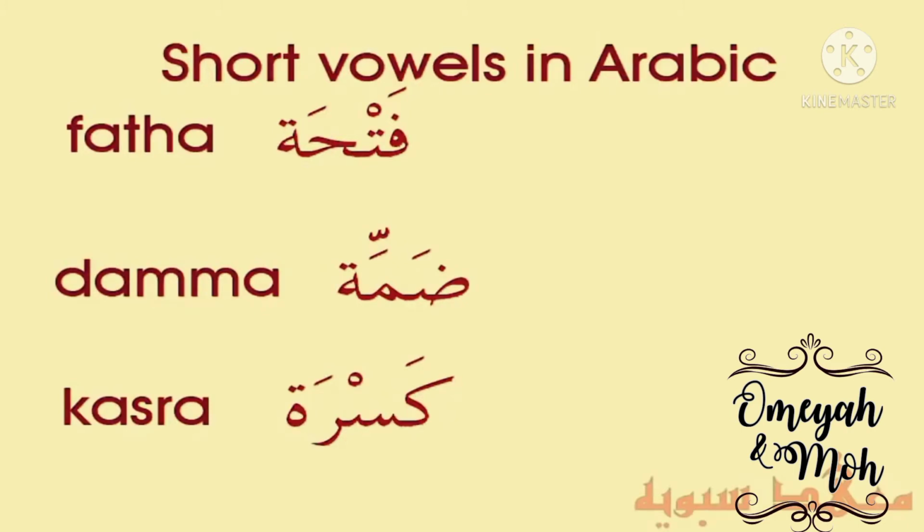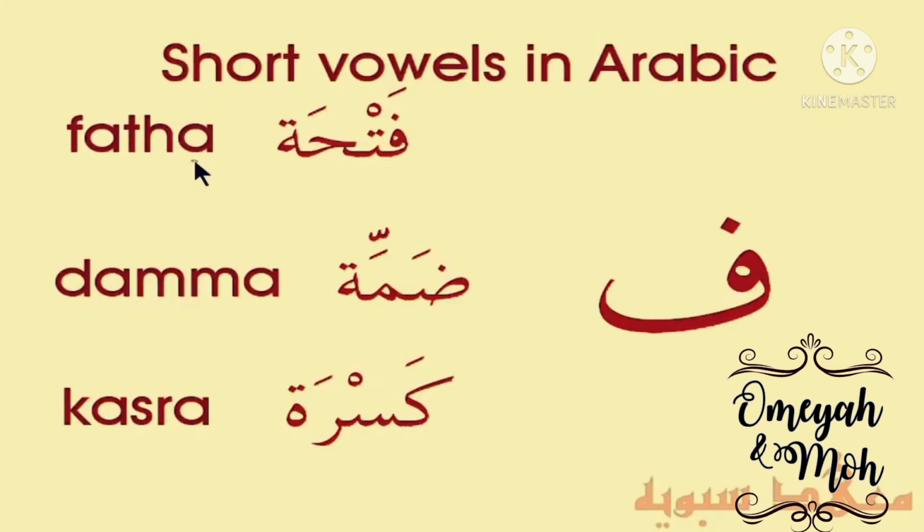So let's first of all just understand how they're written. In front of us we have the letter fa, and when we add vowels in Arabic, it's different to English. We don't add them after the letter. We add it on top of the letter.